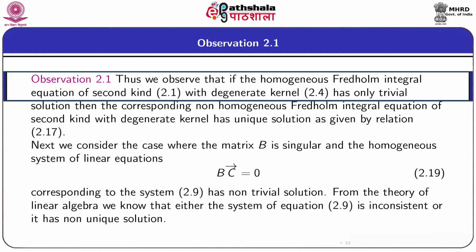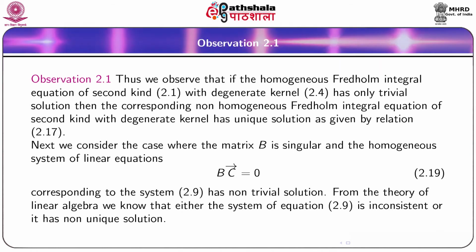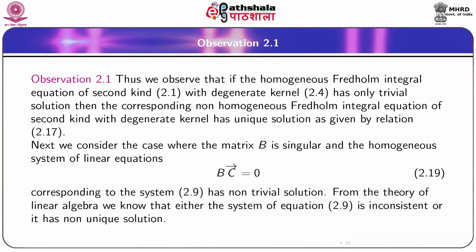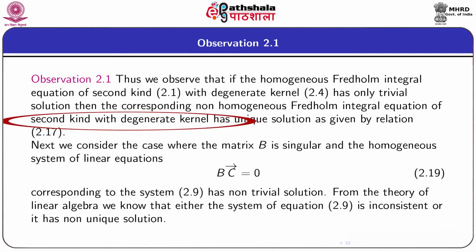We observe that if the homogeneous Fredholm integral equation of second kind 2.1 with degenerate kernel 2.4 has only trivial solution, then the corresponding non-homogeneous Fredholm integral equation of second kind with degenerate kernel has unique solution as given by relation 2.17.